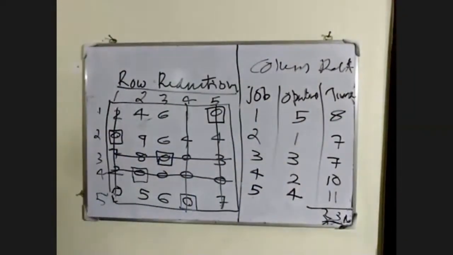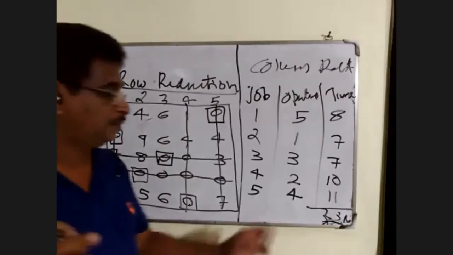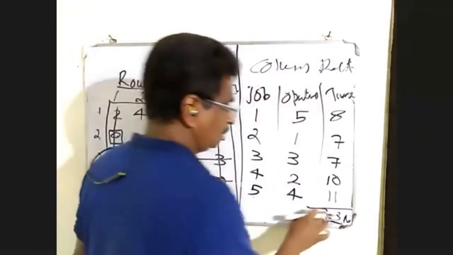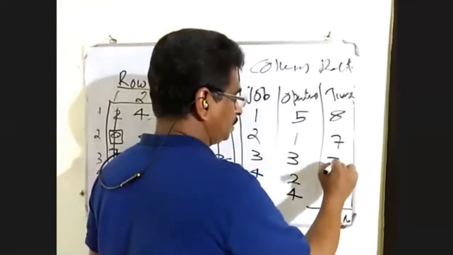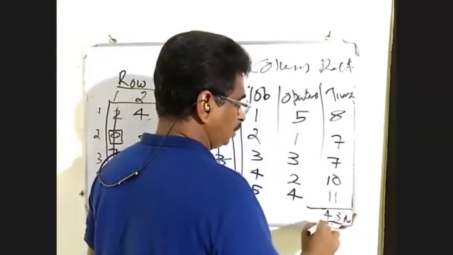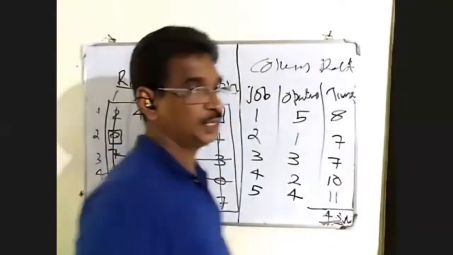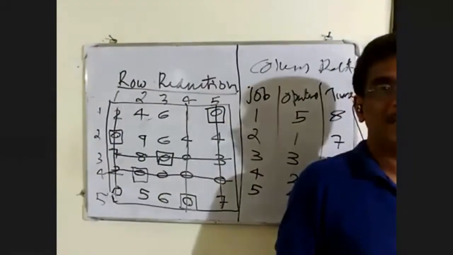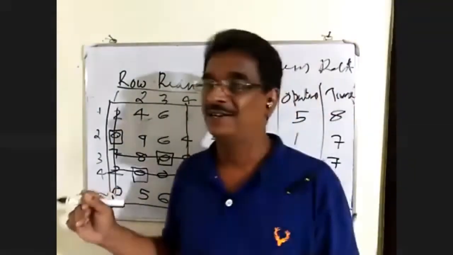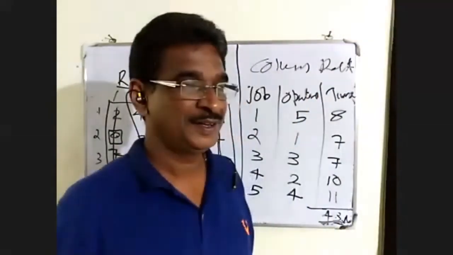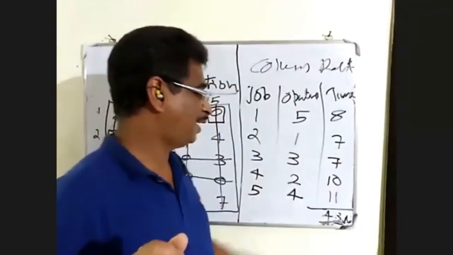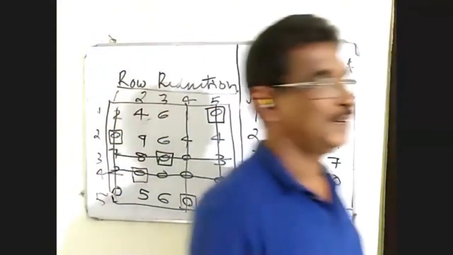Yes or no? It is 43 in total. Who told you 33? Oh, it is 43, correct. Somebody said 33. Who is that fellow? Is it Maria?